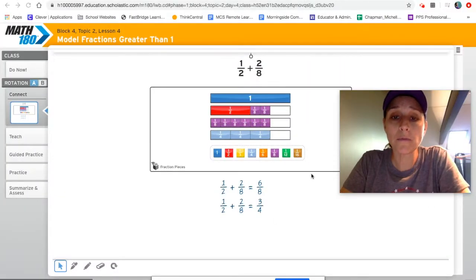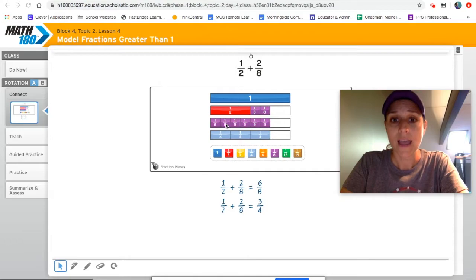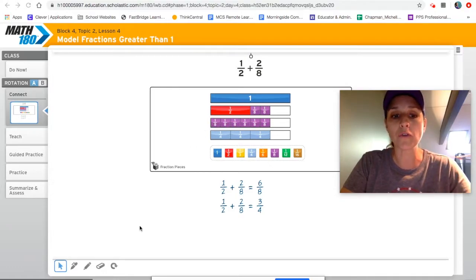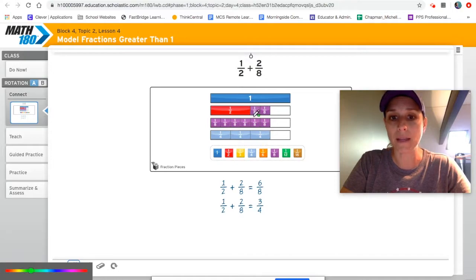So if we go back to our previous lesson where we were adding together fractions with unlike denominators, we knew that we had to find a common denominator in order to add these. As you can see from the model, 1/2 and 2/8 can use 8 as a common denominator. But 1/2 has to be turned into an equivalent fraction. The equivalent fraction to 1/2 is 4/8. So if I grab my pen here, I can see the line right here.